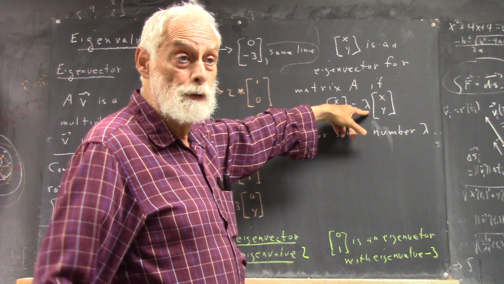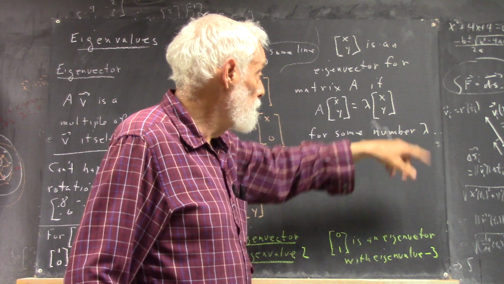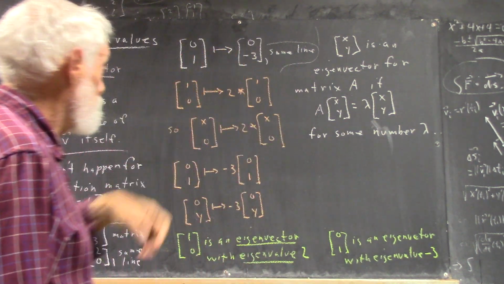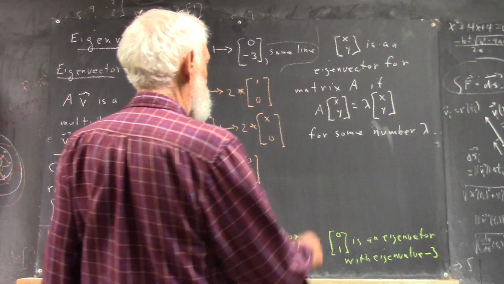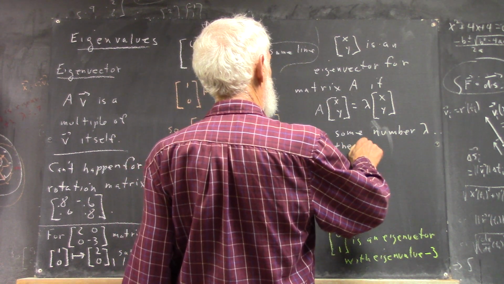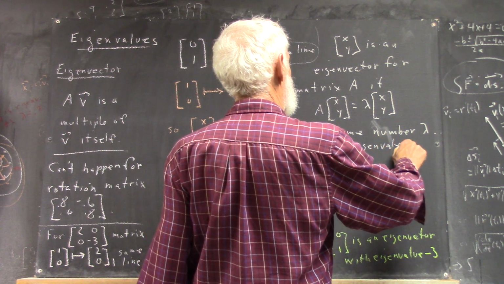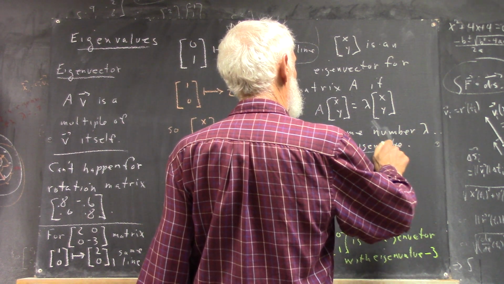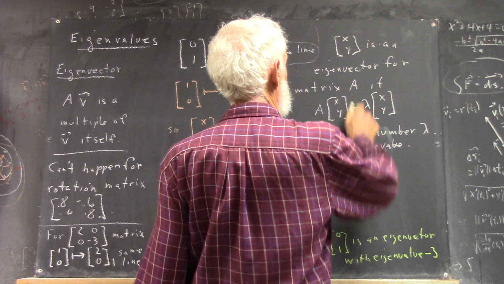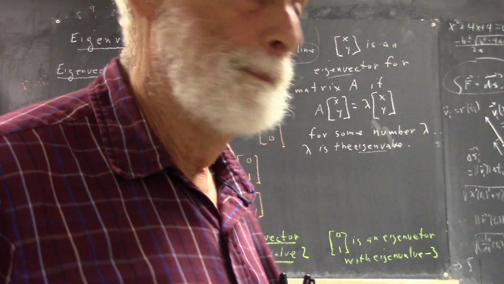Lambda is just another letter in the Greek alphabet. Okay? Not hard to make. So lambda is the eigenvalue. So you have this equation.